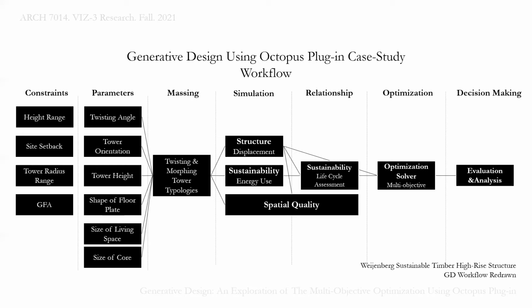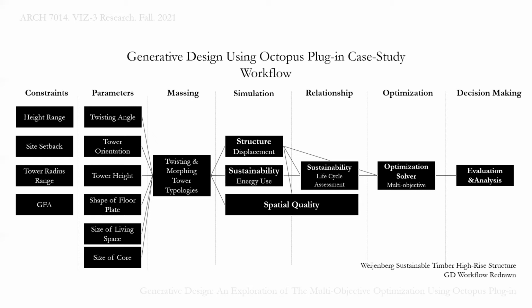So the massing then comes, where they wanted to specify the massing to be a twisting and morphing tower typology. So they chose the typology too. This is another input or goal value. Afterwards, you have all of these constraints, parameters, and goal values.